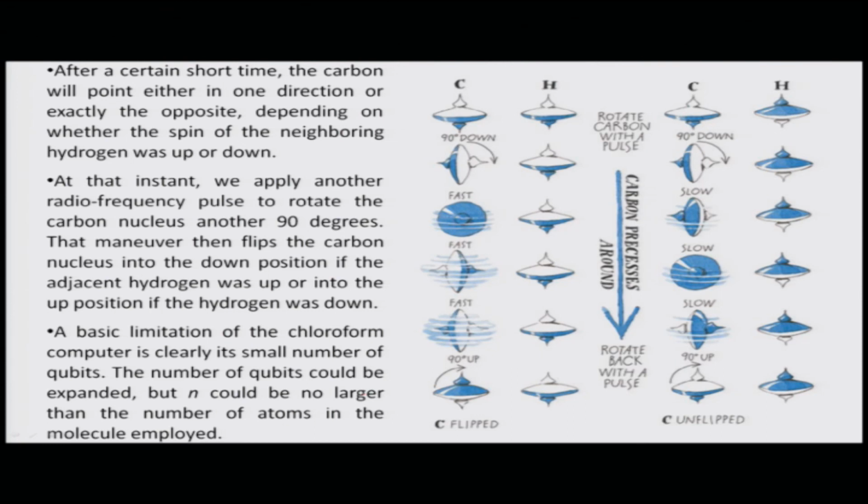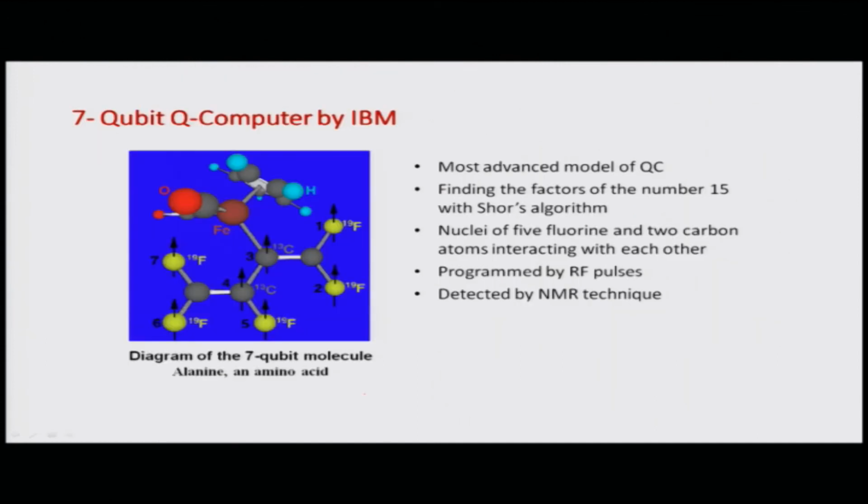So, this is how these sequences have been shown in different ways, either through animation or by showing the different stages. Of the celebrations of quantum computing by NMR, one of the largest has been the 7 qubit computer at IBM, where they used a 7 qubit molecule, alanine, an amino acid, to factorize the number 15 with Shor's algorithm.